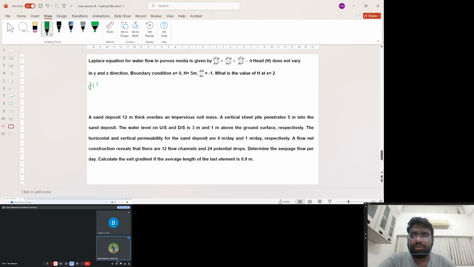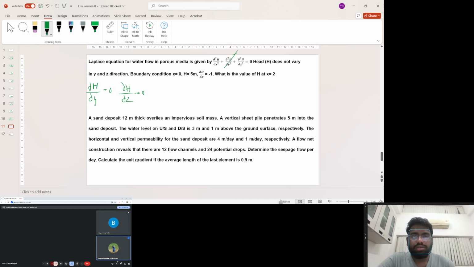So that means ∂h/∂y is 0, ∂h/∂z is 0, and hence this will be 0 and this will be 0. So we have only the equation ∂²h/∂x² is equal to 0.